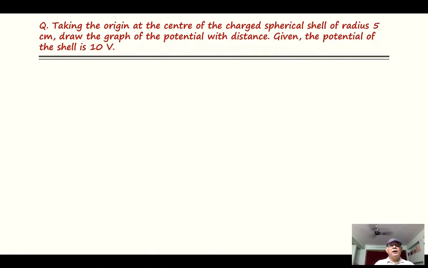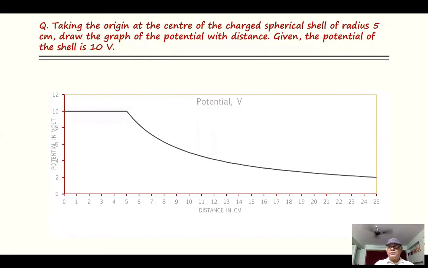Next question. Taking the origin at the center of a charged spherical shell of radius 5 centimeter, draw the graph of the potential with distance, given the potential of the shell is 10 volt. The graph will be as shown in the figure. We have plotted distance along the x-axis and potential along the y-axis.